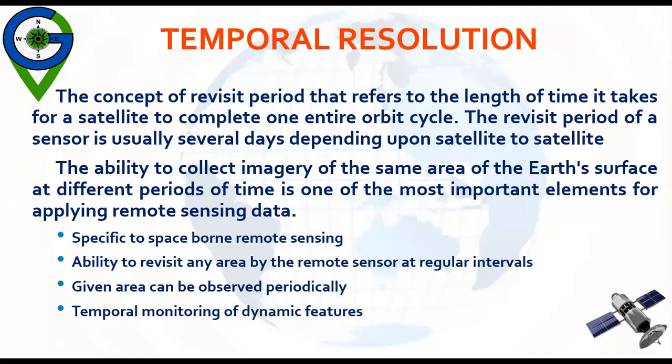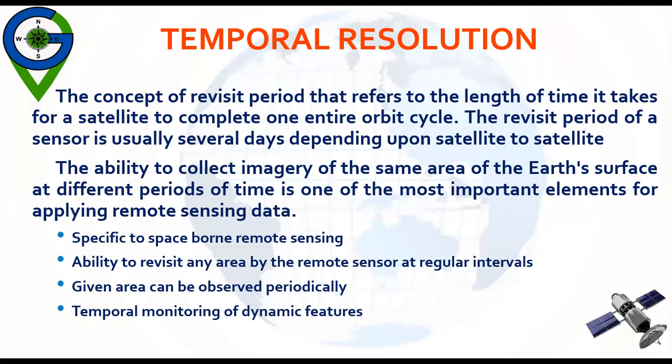If today the satellite is passing through Delhi, again it will be coming on the 22nd day of July. So this is known as the temporal resolution. Temporal resolution actually refers to the revisit period of a sensor.